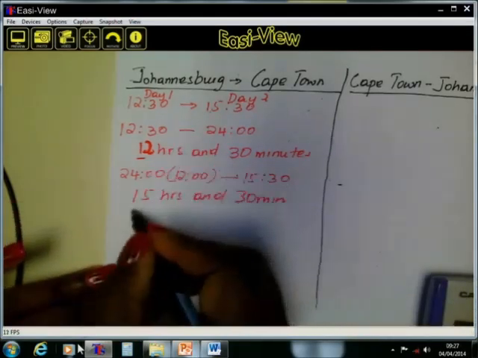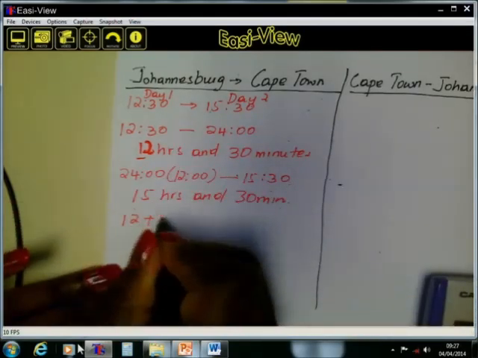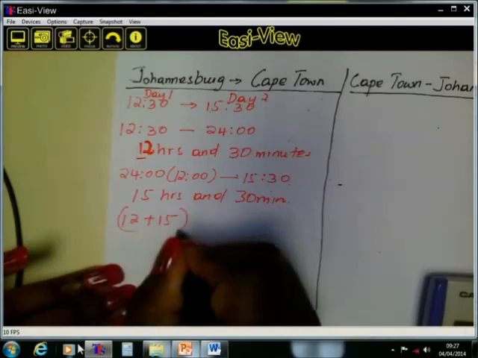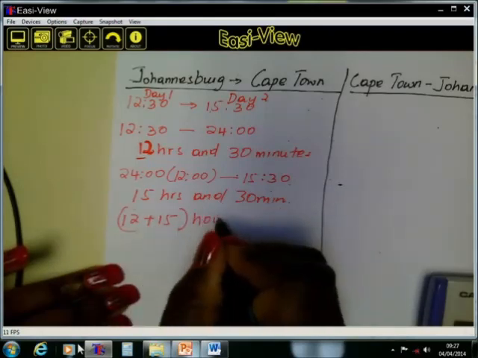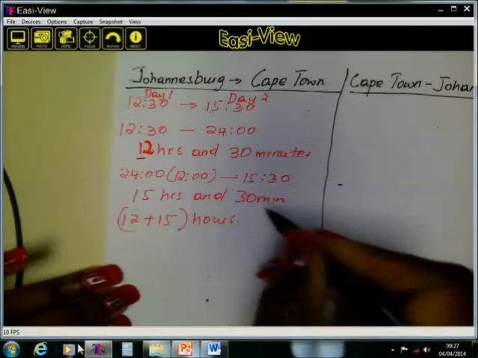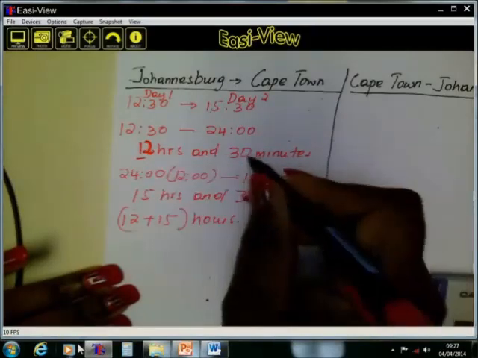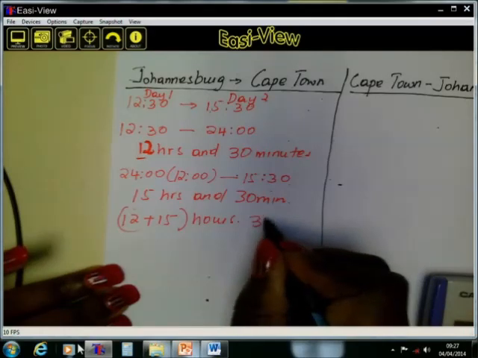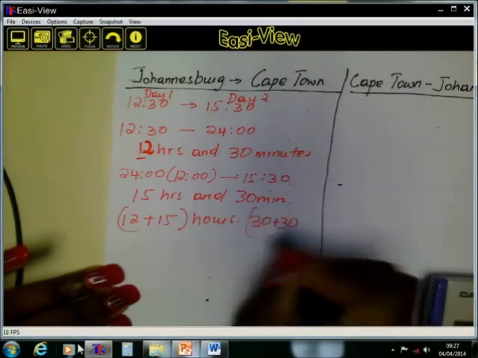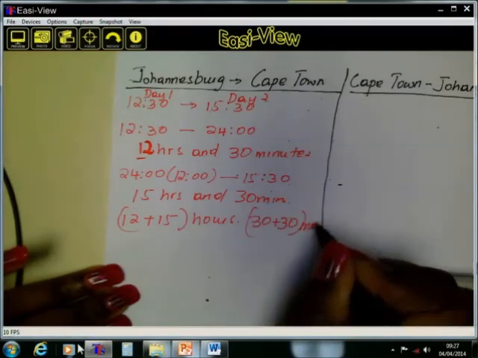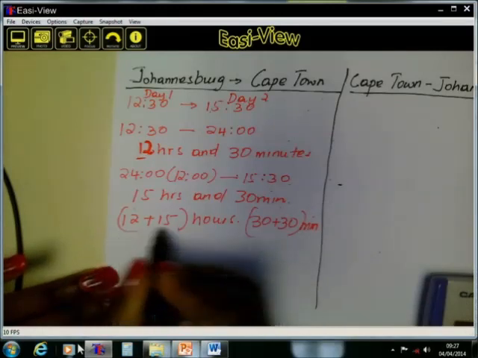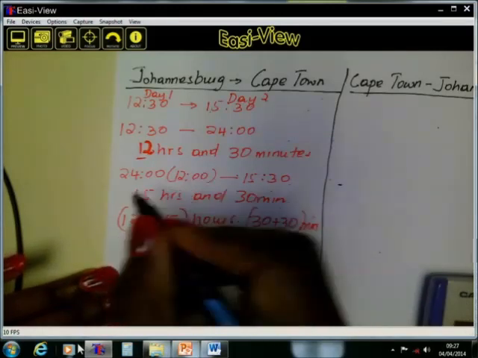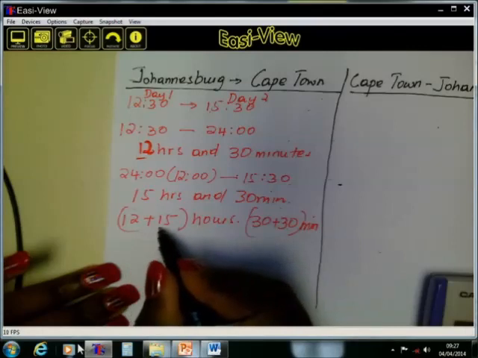So we add the hours together. 12 plus 15, that will be hours. And then we add the minutes together, which is 30 plus 30, that will be our minutes. Then we will be having here 27.